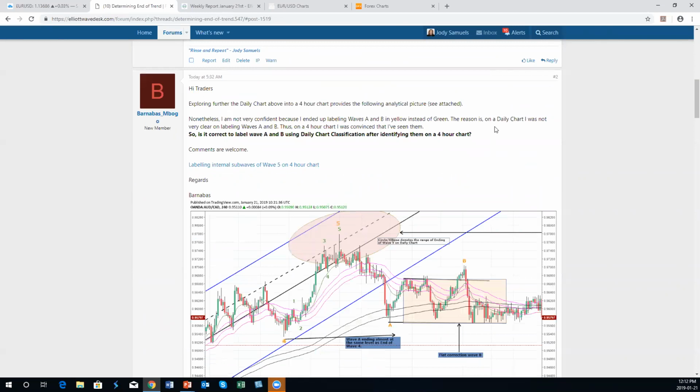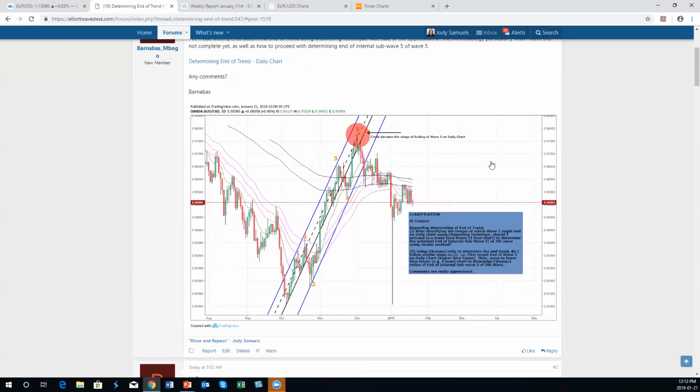The reason is on a daily chart, I was not very clear on labeling waves A and B. Thus, on a 4-hour chart, I was convinced that I've seen them. So is it correct to label wave A and B using the daily chart classification after identifying them on a 4-hour chart?